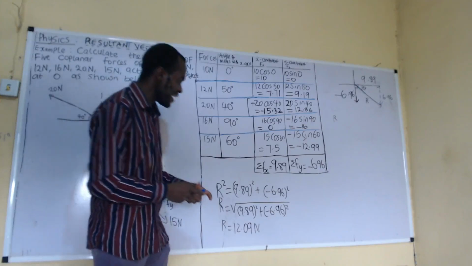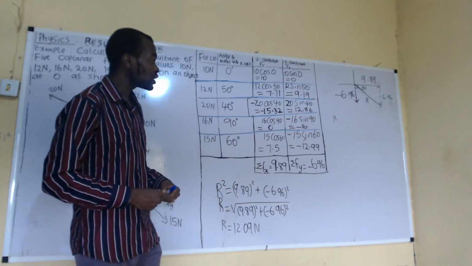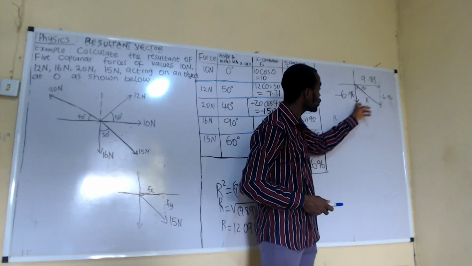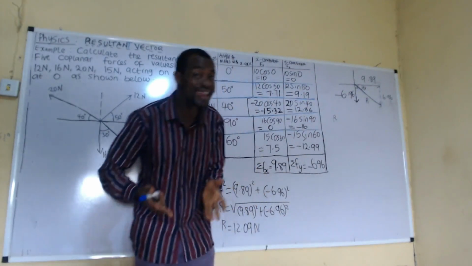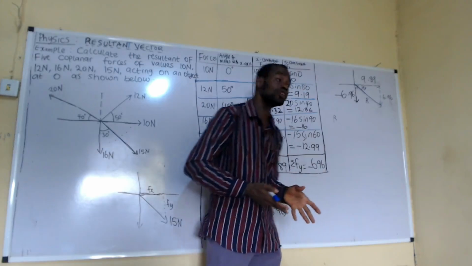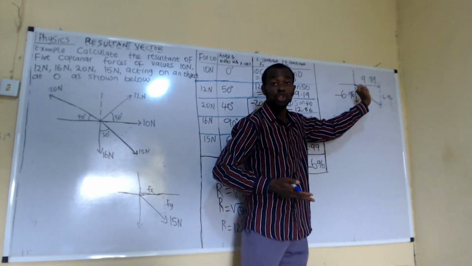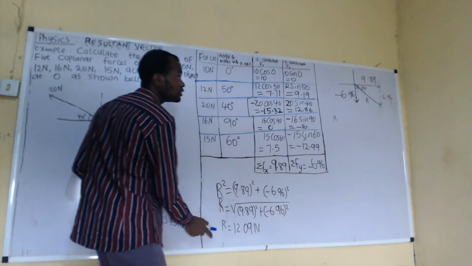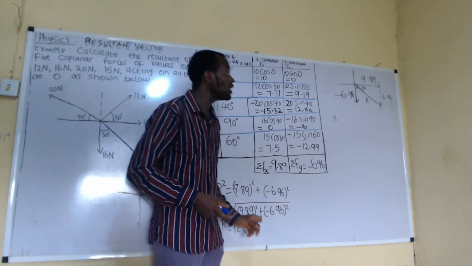Why we choose to end with this calculation is because we are just left with two vectors, the y component vector and the s component vector, and they were perpendicular. And we have said earlier that if two vectors are perpendicular, to get their resultant vector, you use the rule, and it has formed a right angle triangle which led us toward Pythagoras theorem. So this is the magnitude of the resultant vector.